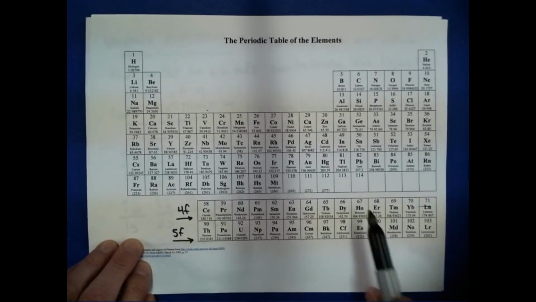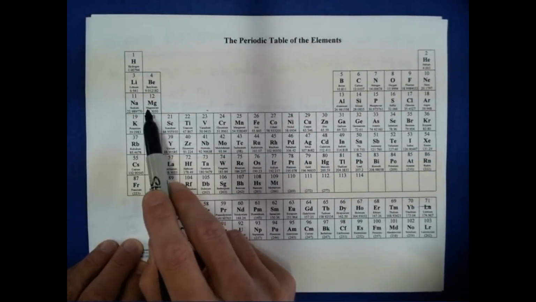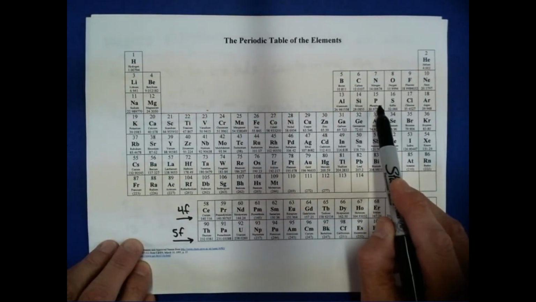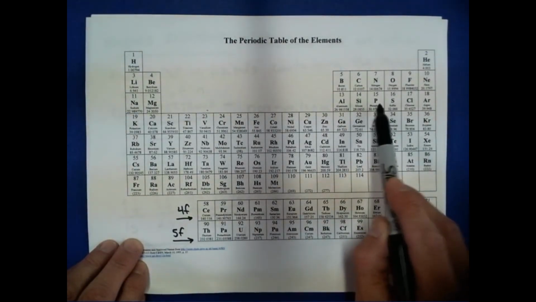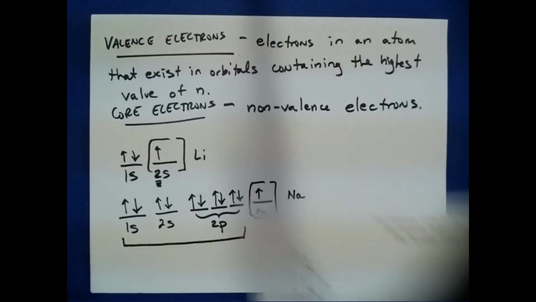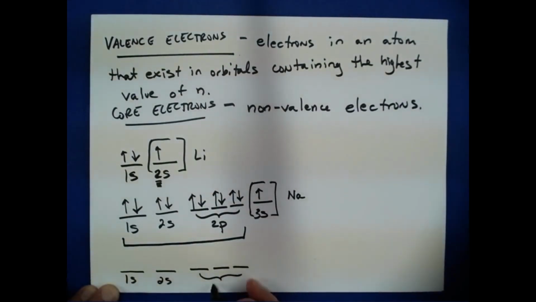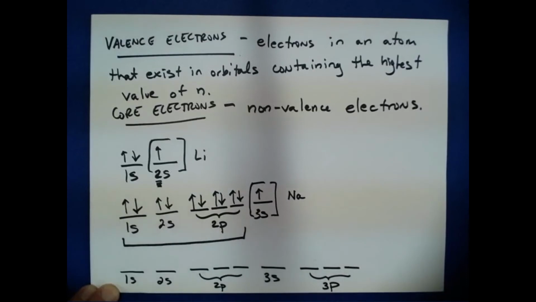We'll try drawing the electronic configuration for, let's say, phosphorus, and we'll determine the core and the valence electrons for the element phosphorus, which is element number 15. So in this case, we're going to draw the 1s, the 2s. We're also going to need the 2p. We're going to need the 3s subshell, and we're going to need the 3p subshell to get in all 15 electrons for phosphorus.